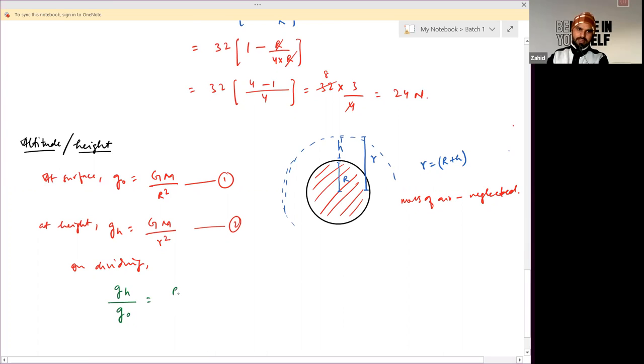So you'll get R squared divided by small r squared. So gravity due to height h equals g naught times R squared by small r squared.